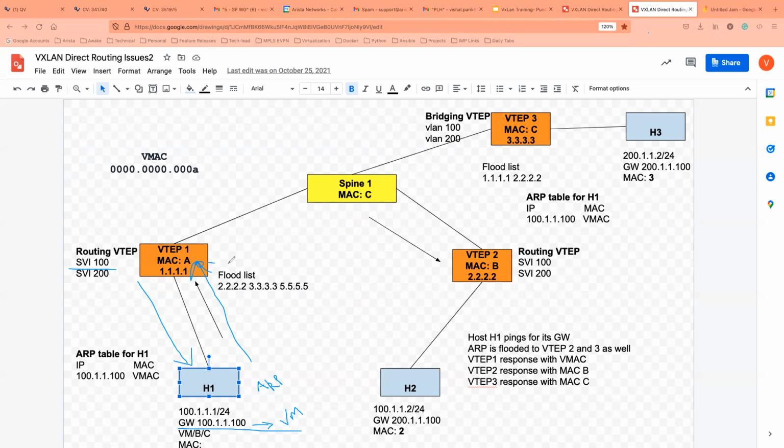So it will also flood this to all the other ports, including the other VTEPs, both of them. Let's assume these are also routing VTEPs. What will happen? Both will reply back with an ARP reply with their physical MAC.